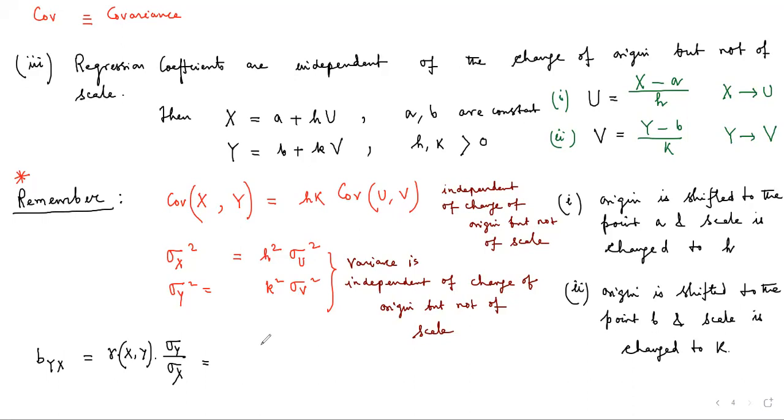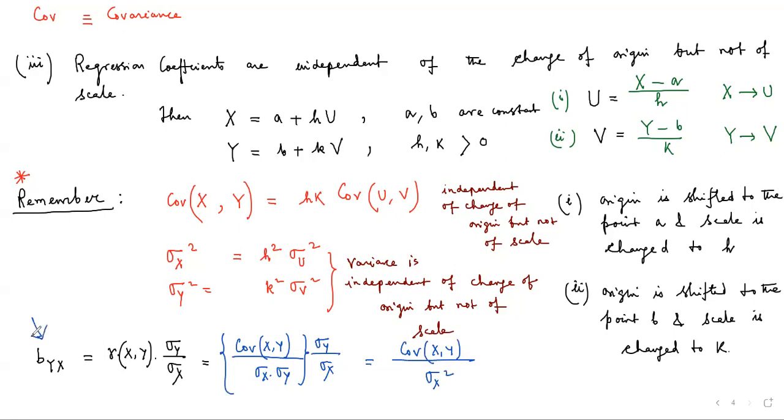And rxy in turn is given by covariance of xy by sigma x into sigma y. This is the formula for rxy. And we have sigma y by sigma x. So it will imply covariance of xy by sigma x square. This is another form of byx.